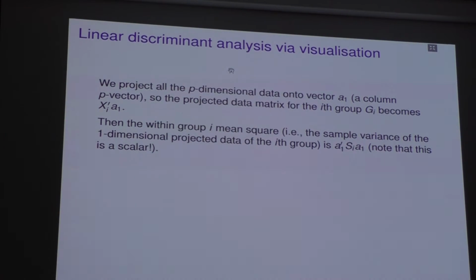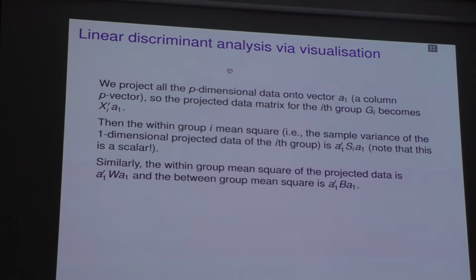And then the within group i mean square, that's the sample variance of the group i after projection, is given by a dash Si a. So that's exactly as we saw earlier on in chapter 1 or 2. Okay, so just a number.